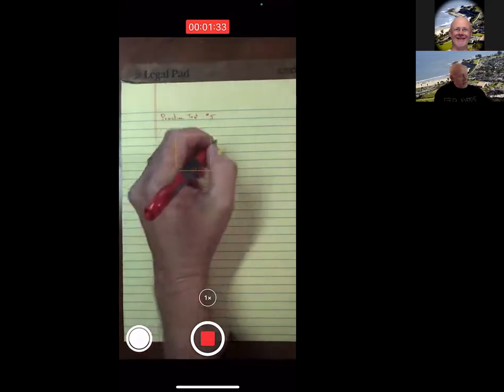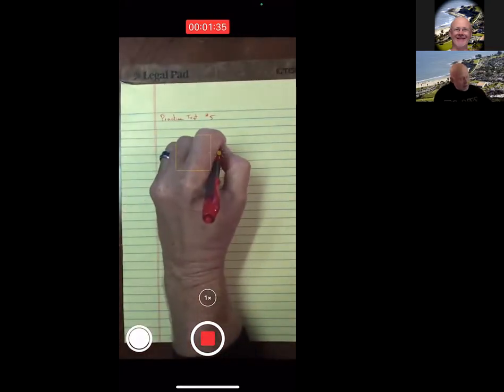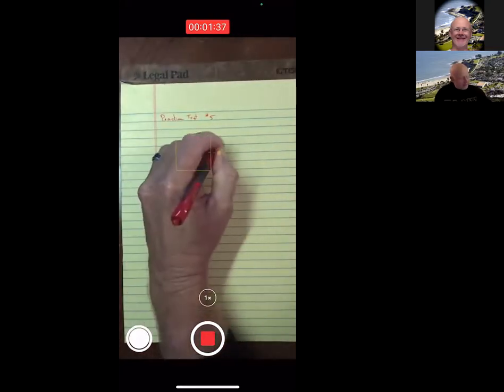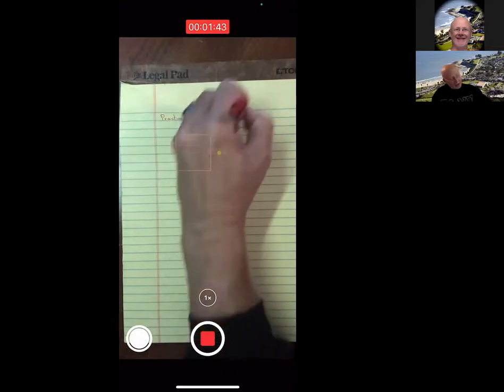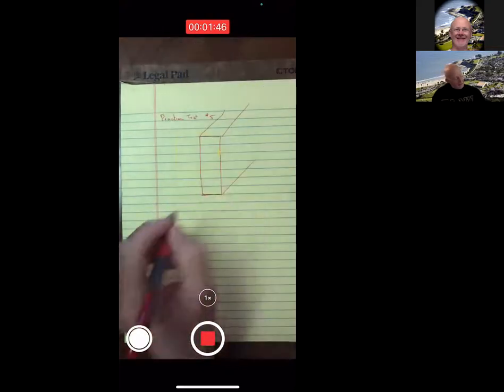All right, so let me kind of draw the slab, give it this thickness here. And I guess it's kind of three-dimensional, so it kind of goes back.